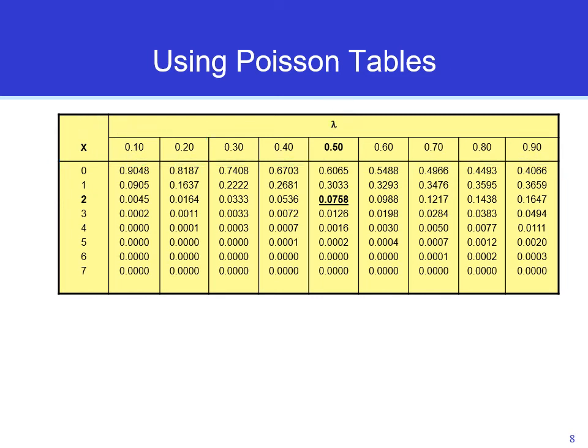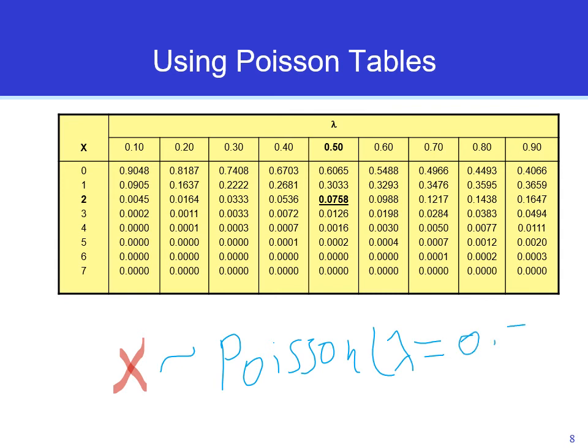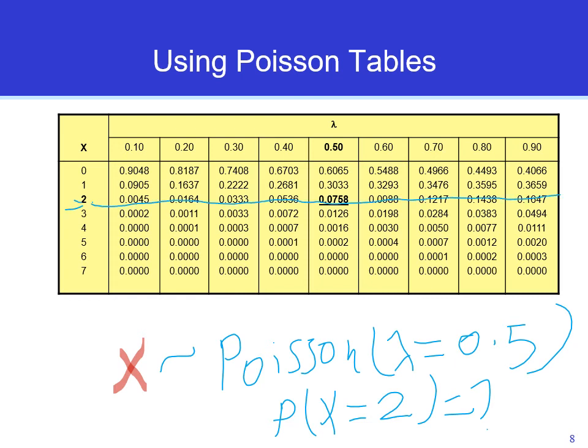So for example, suppose X follows a Poisson distribution with lambda equal to 0.5, and you wanted to find the probability that you would get exactly 2 successes. How would we find that? You could use this table. You have to identify X equal to 2, that would be here, and then lambda equal to 0.5.